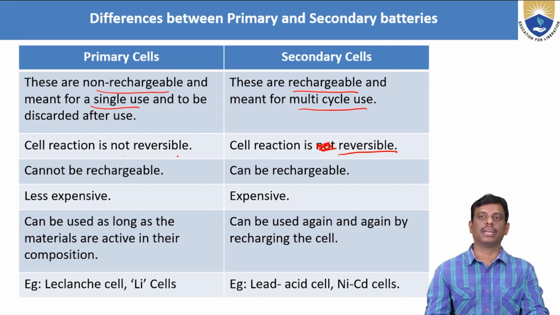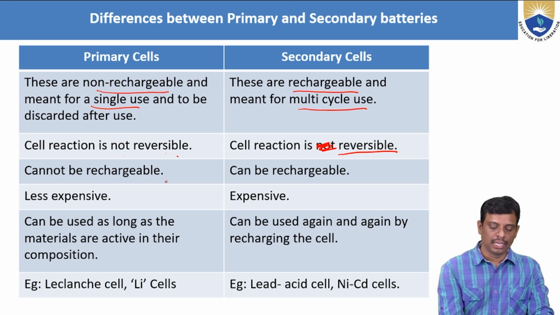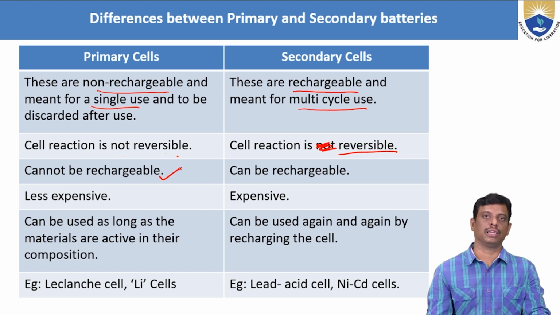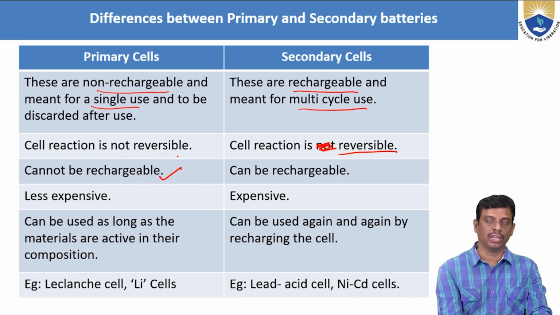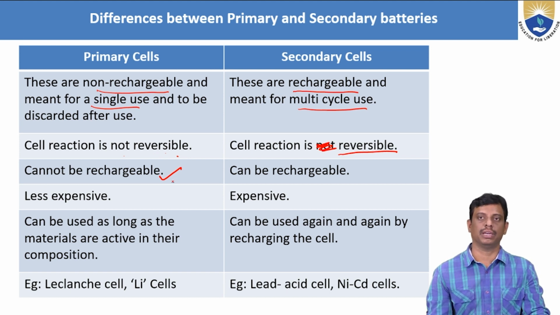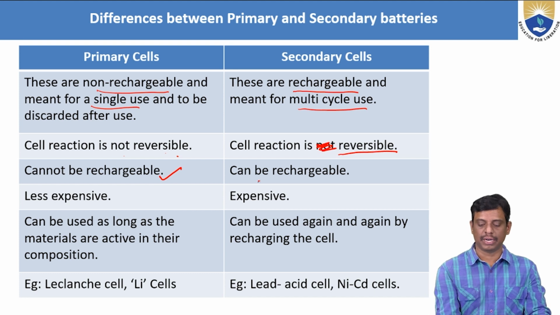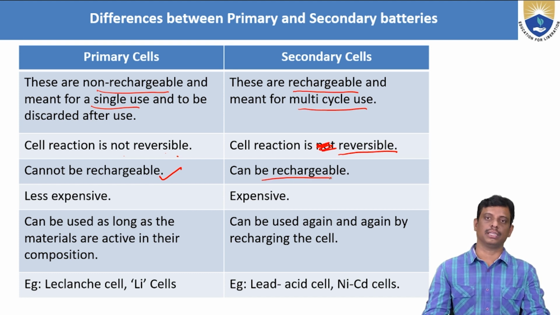So an irreversible reaction happens in the primary battery. In the secondary batteries, the cell reaction is a reversible cell reaction. Primary batteries cannot be recharged because the cell reaction is not reversible, but secondary batteries we can recharge.